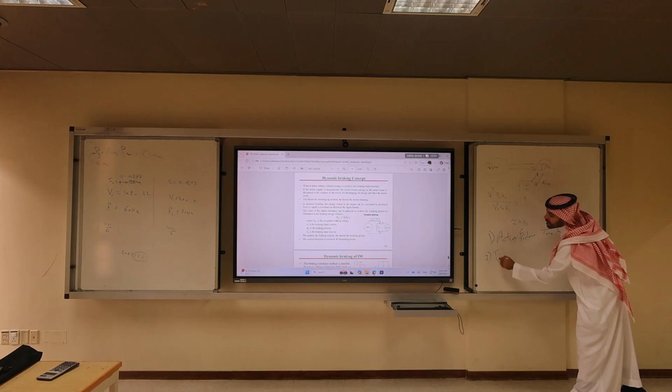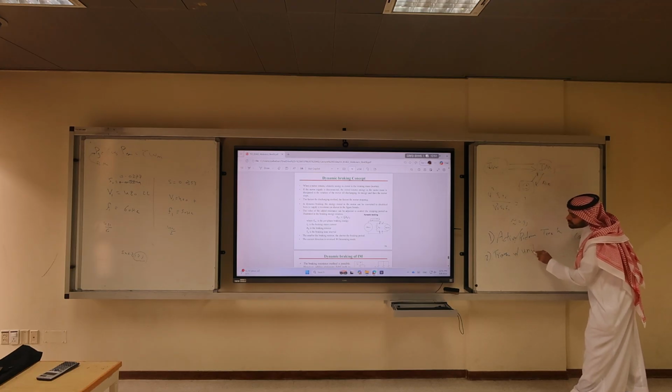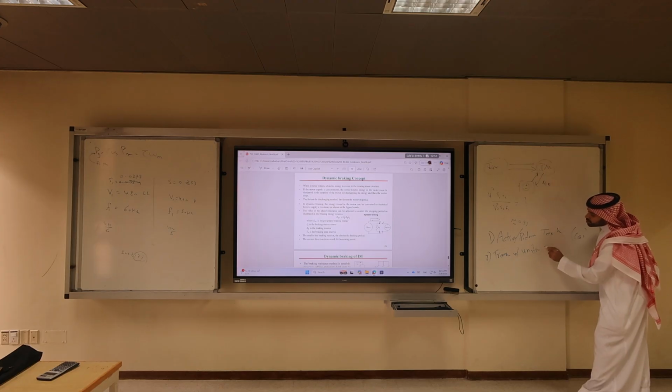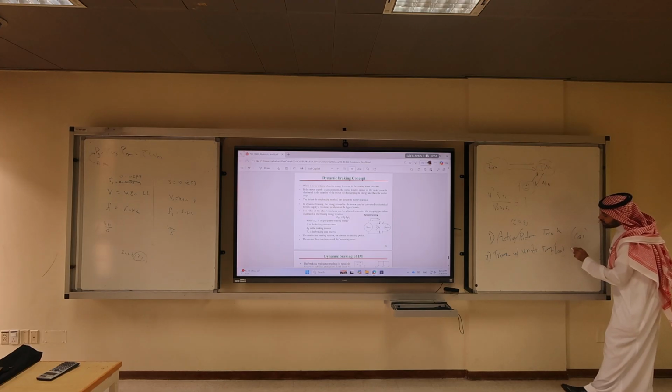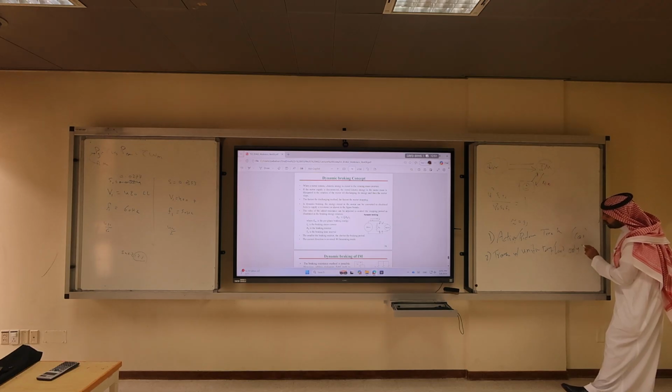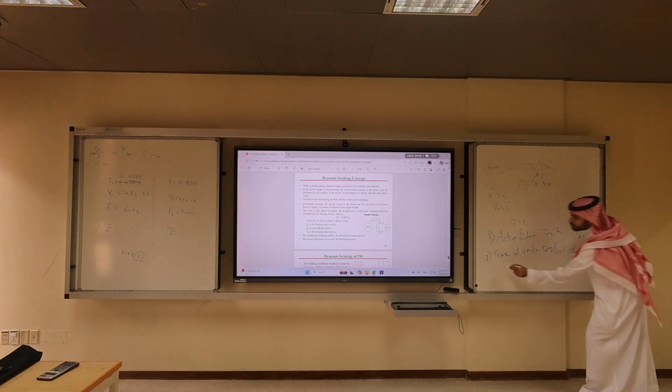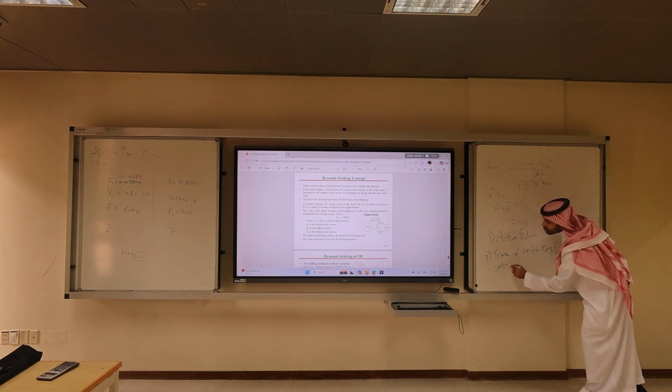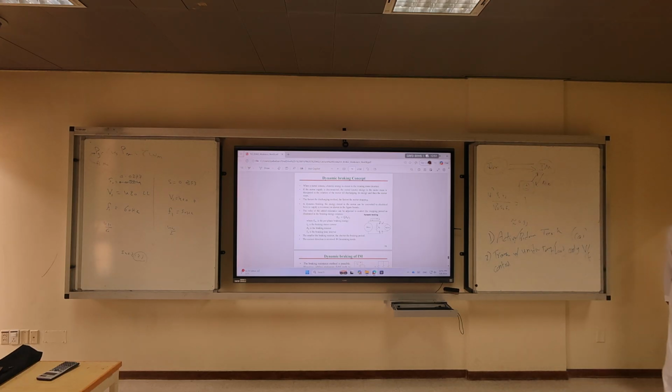Or two, transient with unidirectional torque or load, only during the V over F control for a short period of time. Okay? Which one gives you more power? Of course, this one. Clear?